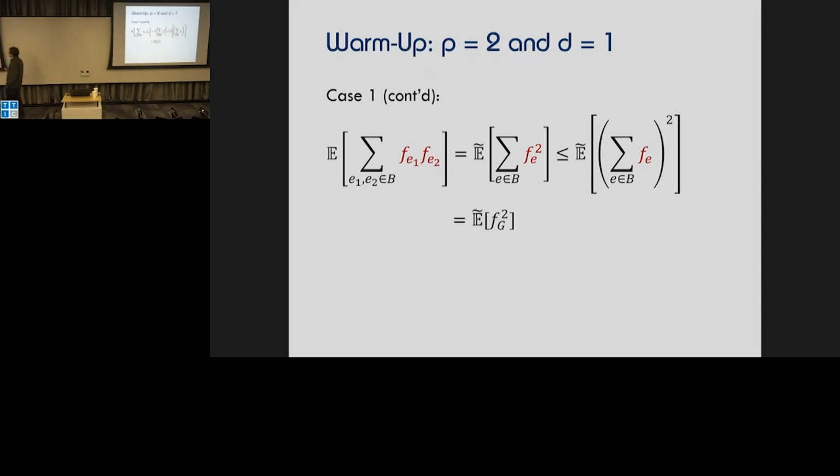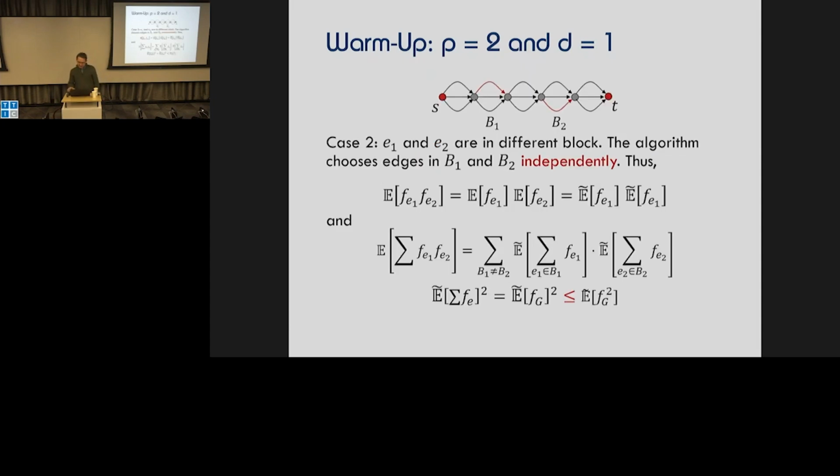That's easy to see because in the expansion of this sum, we have, in particular, these terms, and we have some other terms as well, but they are non-negative. And this expression in the parentheses is simply f_g. So we get that this first expectation is upper bounded by the pseudo expectation of f_g squared.